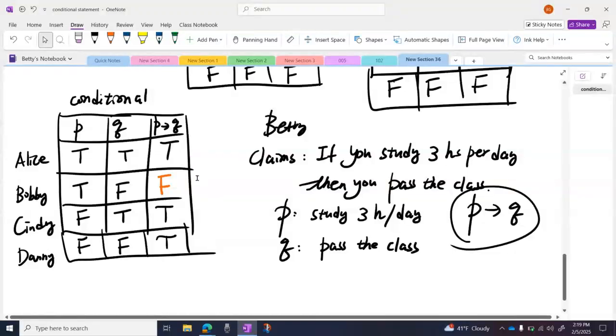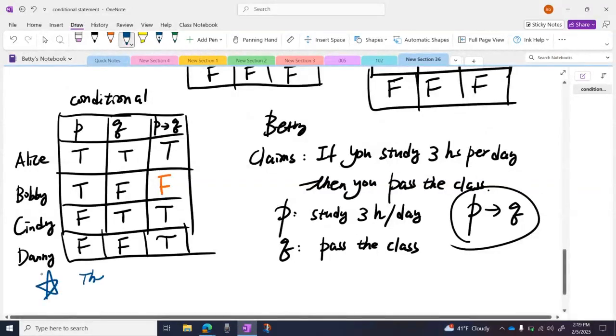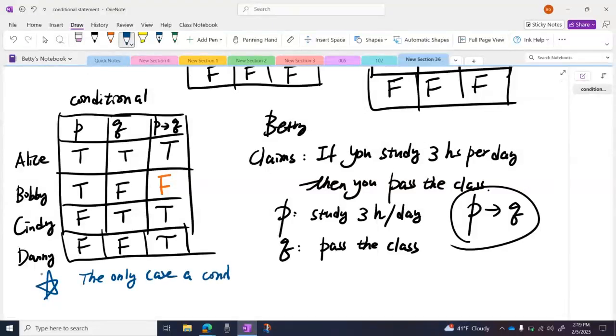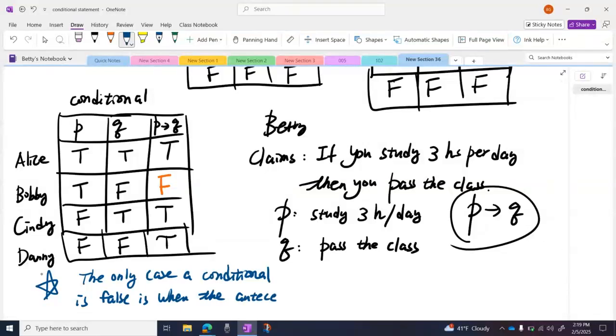P implies Q. If P, then Q. And I want you to write down this sentence. The only case a conditional is false is when the antecedent is true, but the consequence is false, right?